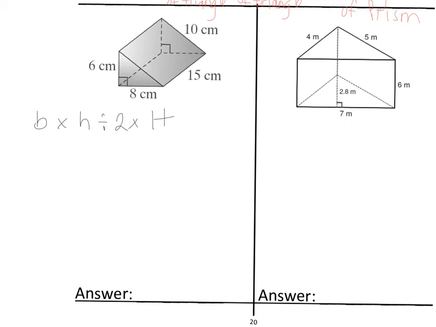Let's plug it in. For base and height of the triangular prism, we can locate this by finding our triangle and seeing what is the base and height of that triangle. We know it will be the sides that are formed at the right angle. So the base and height are 6 and 8.